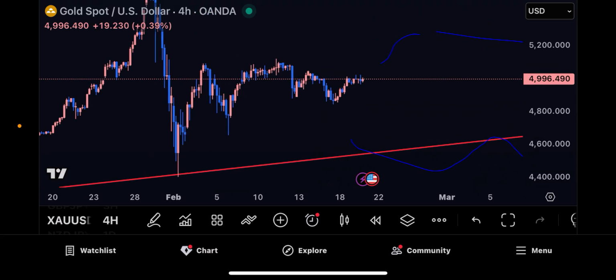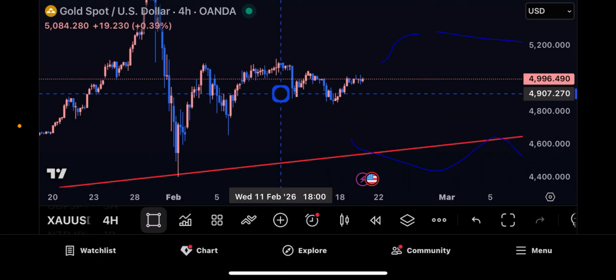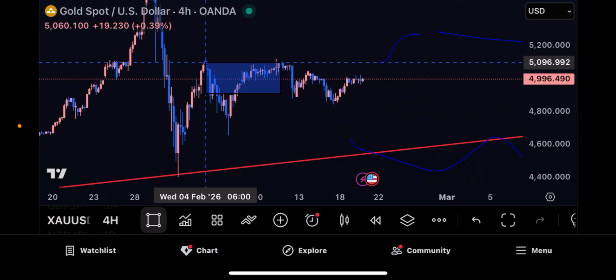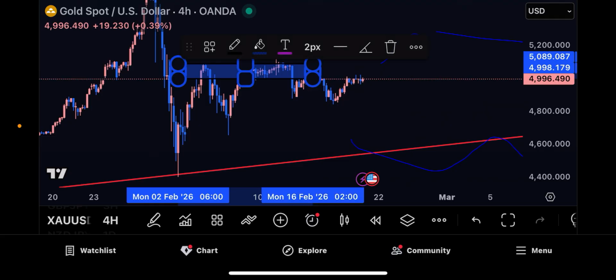Double top, double bottom, so that you can see what price really wants to do, because you can see right here in this area, it started to look like price was creating a double top, meaning that gold wanted to sell.